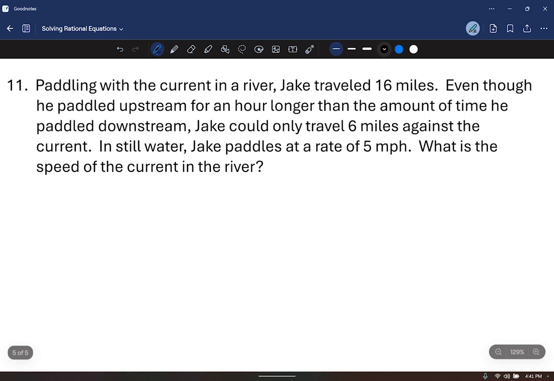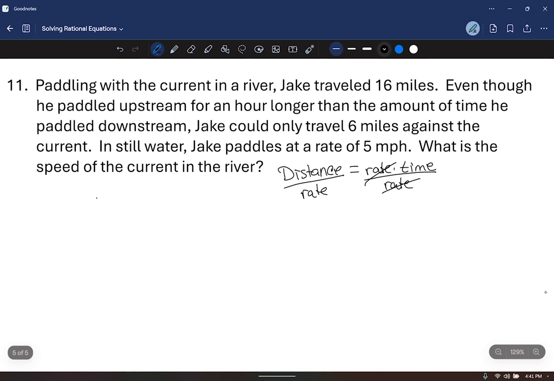All right, so we know that distance is equal to the rate times the time. And I do know that when he was going upstream, he traveled for an hour longer than the amount of time he paddled downstream. So I'm going to solve for time because I need to make an equation and I know about time. So I need to use distance over my rate of speed.